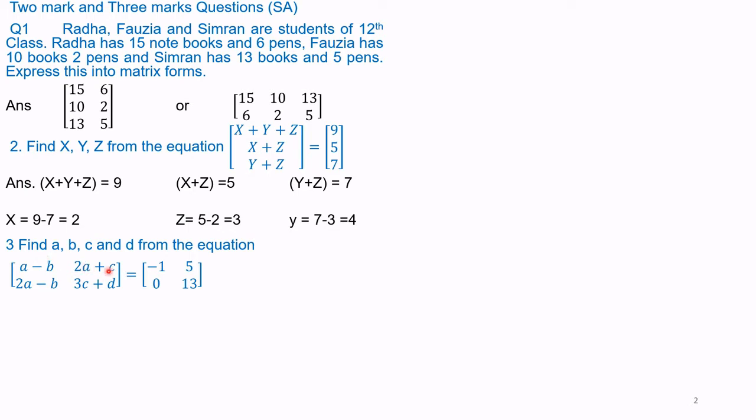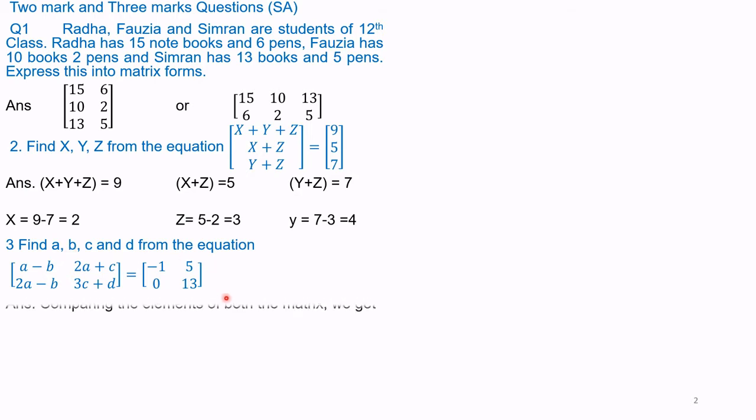The first row is A minus B as the first element, and the second element is 2A plus C. The second row is 2A minus B, and the last element is 3C plus D. It is equal to the right hand side matrix: minus 1 and 5 in row 1, and 0 and 13 in row 2. The question is to find A, B, C and D from this equation.